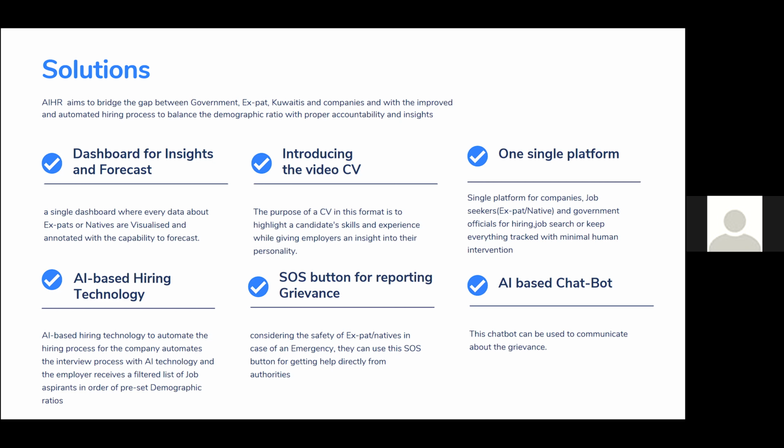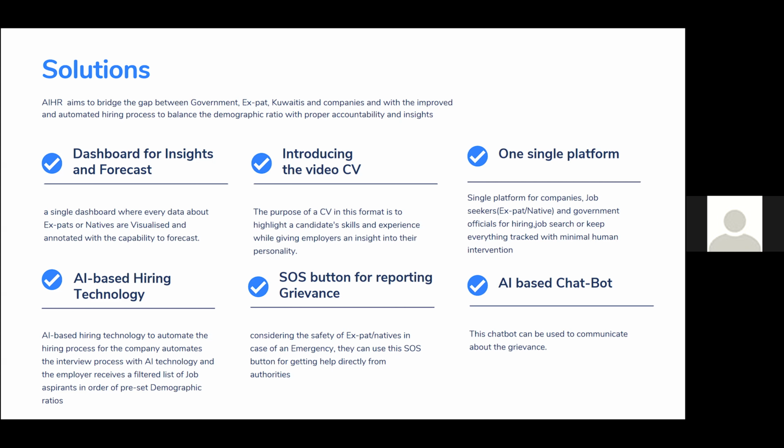It analyzes the video, it analyzes how the candidate is speaking, and then it shortlists the people. The way it gives the final list to the company will be based on the demographic ratio that is set.